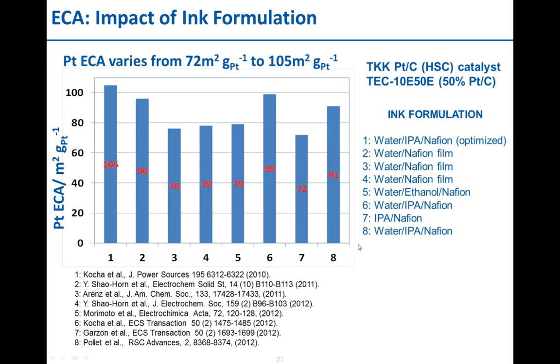Again, the conditions are different, but clearly in all these papers the ink formulation is also very different. When you have the optimized ink, the surface area is close to 105, and then when you change it, if you just use water, if you use Nafion, or you put IPA versus ethanol, you get different measurements.